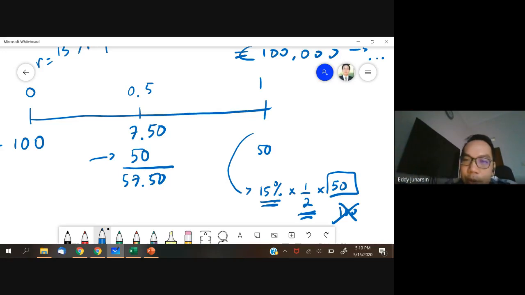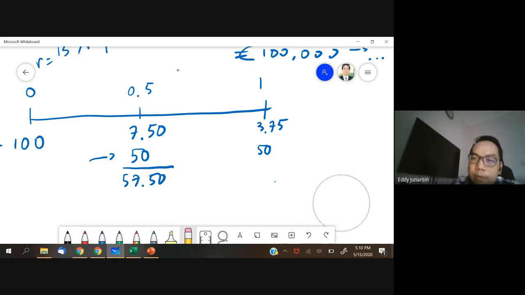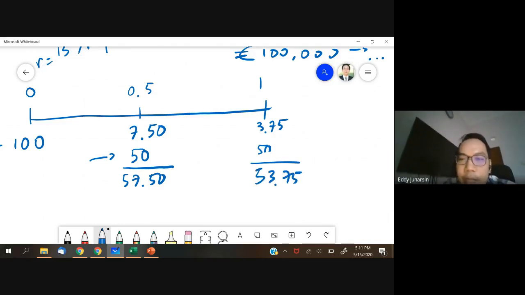So you will get 3.75. In total here it would be 53.75.